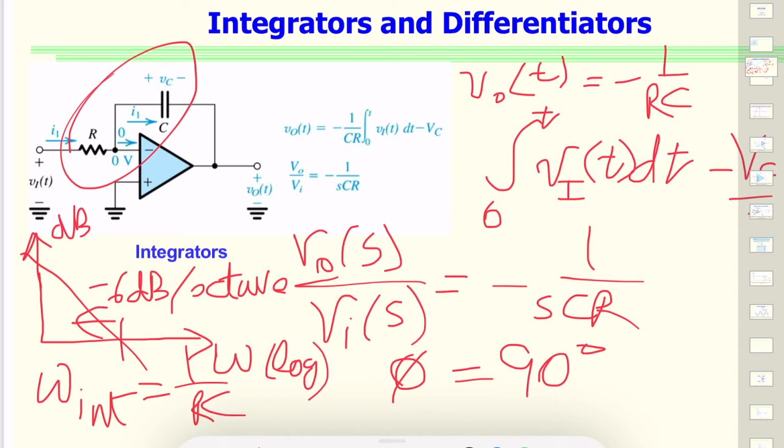This is almost similar to the transfer function as we saw before.